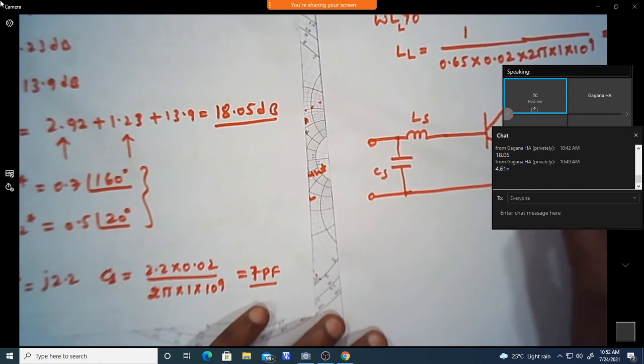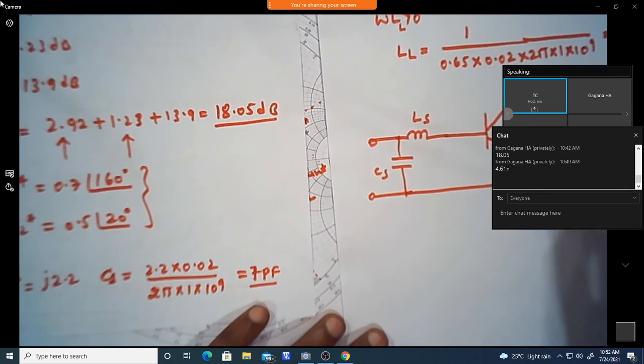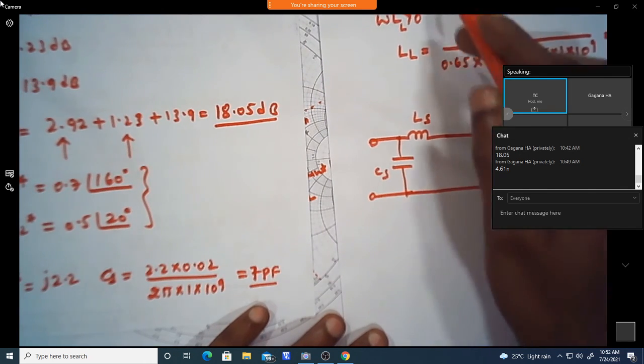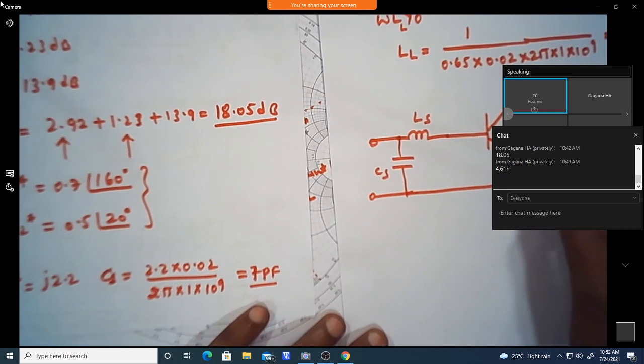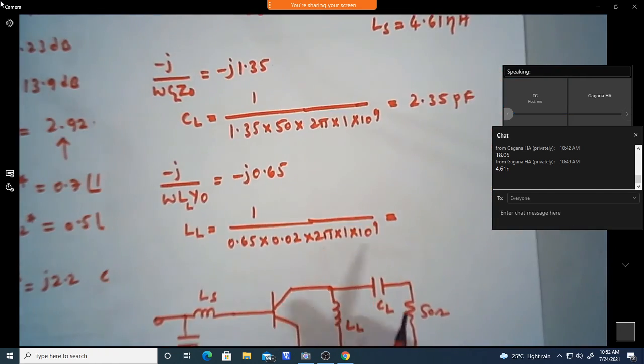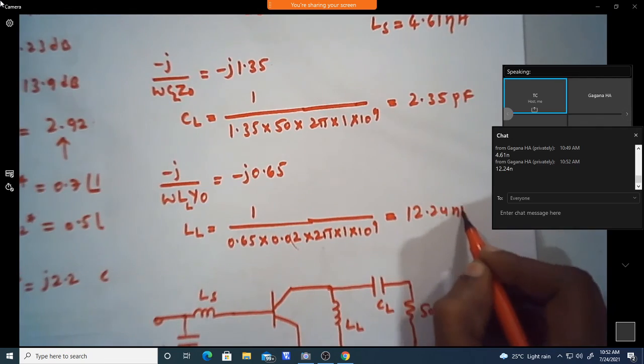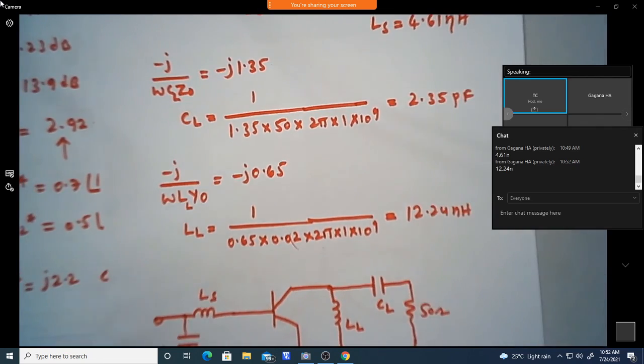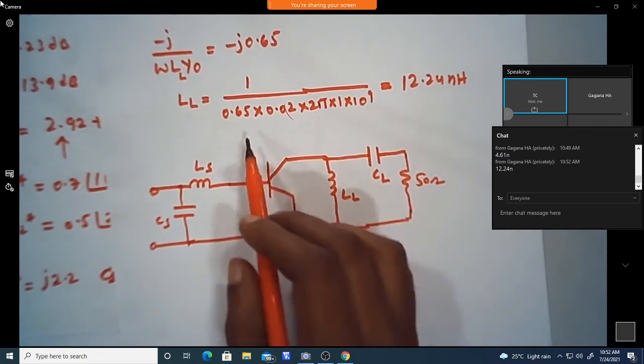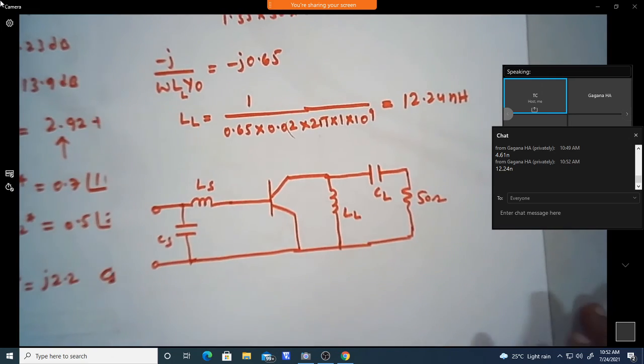Then on the load side we have the load capacitor CL, then the inductor. What is the value of LL? Whatever we got here, 12.24 nanohenry.